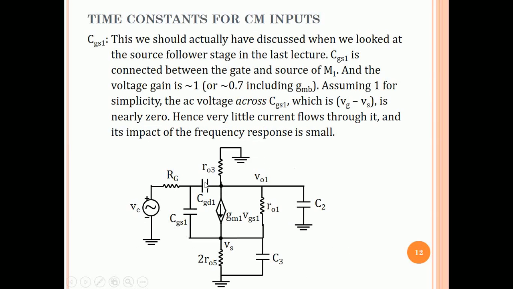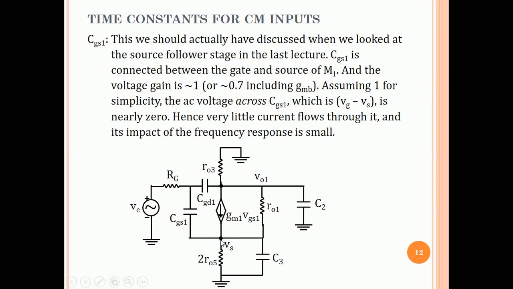The time constants associated with each capacitance. So in CGS1 we look at, so in fact, this circuit is a common source amplifier with source degeneration, as we have seen multiple times before. And so from the gate to the source, this is just a source follower, and the gate through the drain is a common source amplifier with source degeneration.